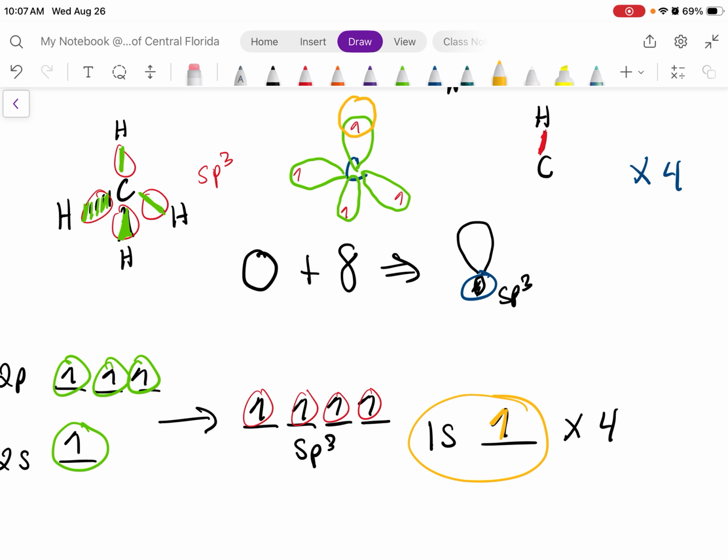And an s orbital is spherical, and a p orbital is that dumbbell shape. And how many electrons does hydrogen bring to the game? 1. And so what we have here is this orbital overlap.